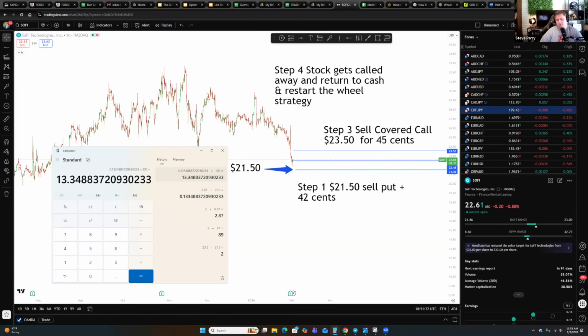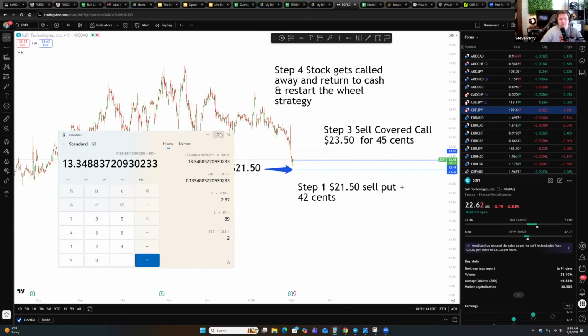Maybe that's a good homework assignment: go look up videos on rolling options and learn what that means. That will help you see how to handle very volatile weeks. If SoFi drops a ton very quickly, you might want to avoid assignment in step two by rolling the option.